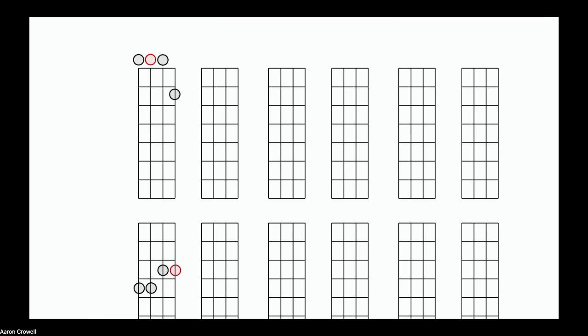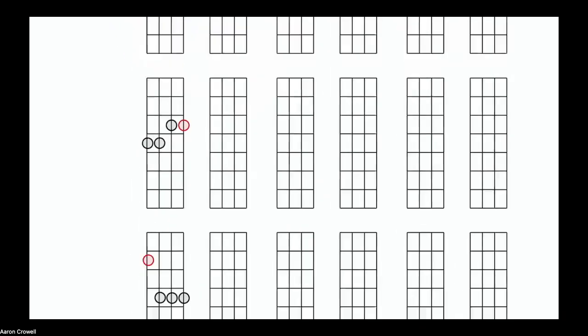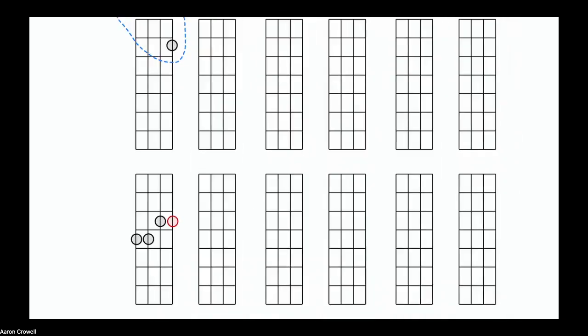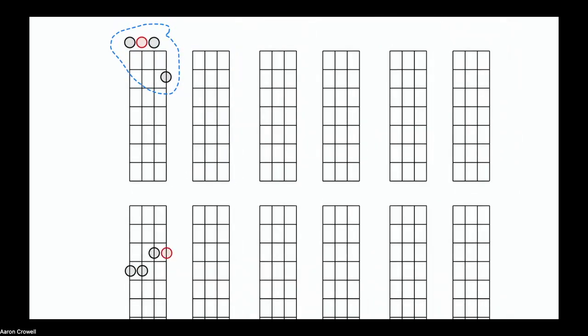I'm going to use this one as my last shape because I can't flat anything here, right? I can't flat my 3, I can't flat my 7. So I'm going to move this shape down here to the bottom, and I'm going to put this as my last shape.